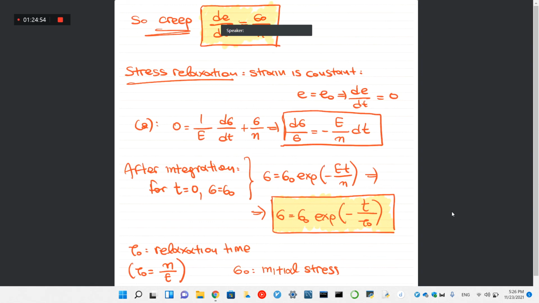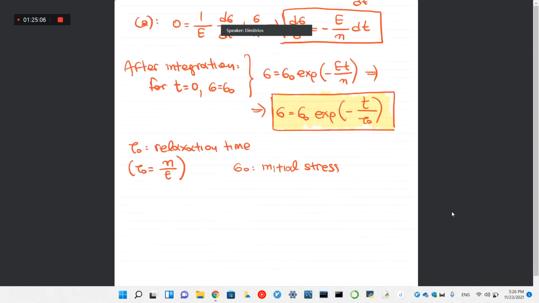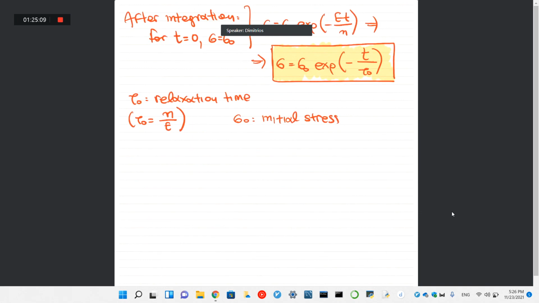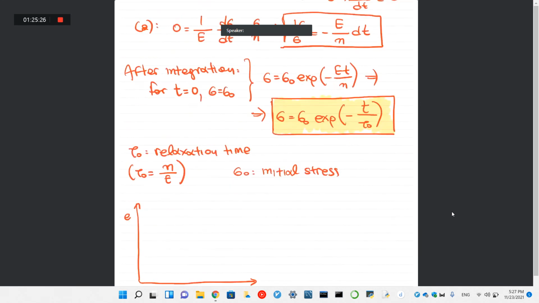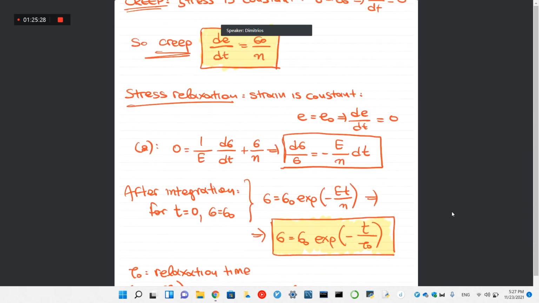Now let's go ahead and try to plot this for the two mechanical behaviors, creep and relaxation. So for creep, we say we have constant stress and we study the strain over time. So we have strain over time. The equation is this one, okay? Let me write it down.